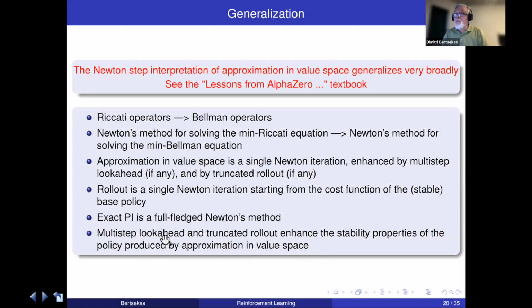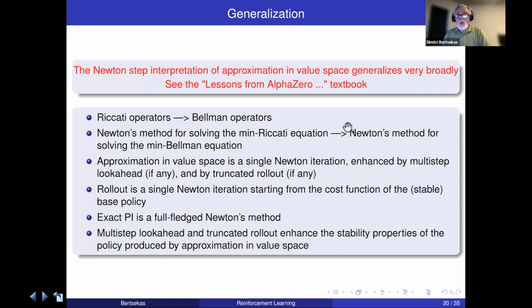The computation time for multi-step lookahead minimization is far more than for truncated rollout, because here we minimize over all possible alternatives. Here we just run a single alternative, the base policy, we run it forward. So truncated rollout is much cheaper to implement, and yet it achieves much the same effect as multi-step lookahead in terms of enhancing the stability properties of the policy or the convergence rate of Newton's method.